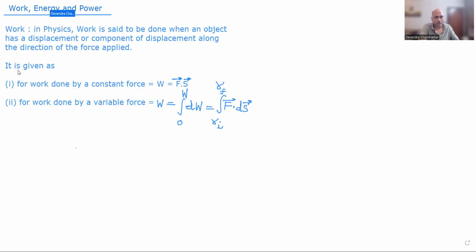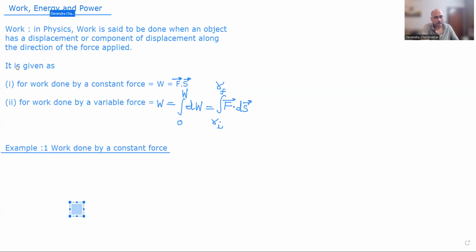So I'll give you an example of work done by a constant force. Example 1: work done by a constant force. What is this? Look, everyone, pay attention.